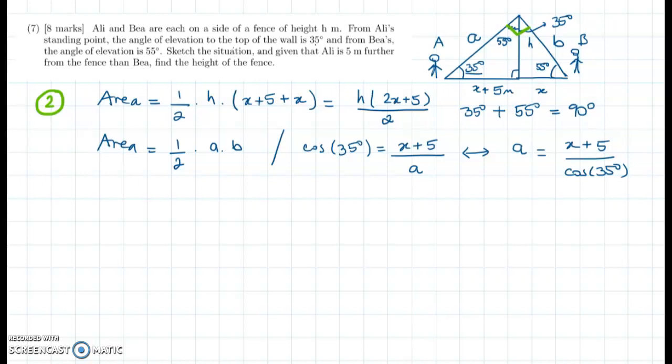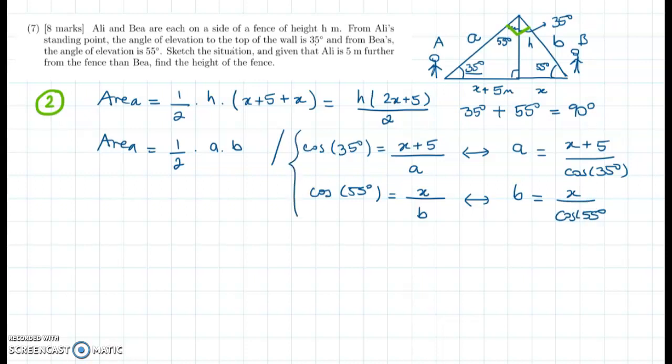Similarly, the cosine of 55 degrees can be written as x, that's the side adjacent to 55 in the small triangle on the right side, divided by B, which is the hypotenuse. So we can write B as x divided by the cosine of 55 degrees.